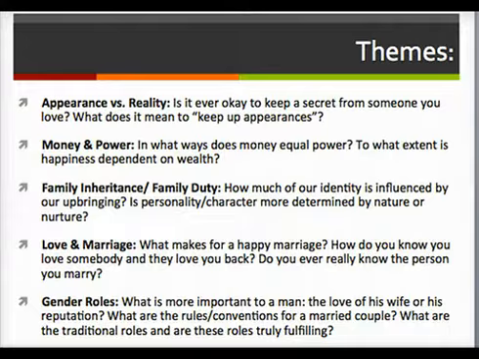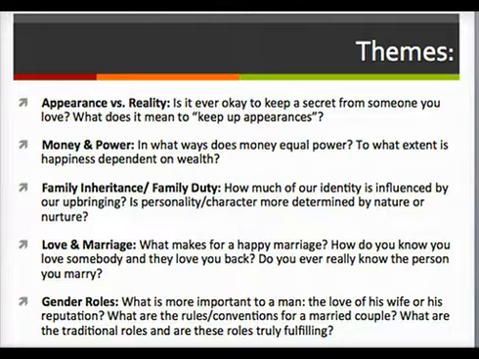And then lastly, gender roles as a theme. You can think about some of the bigger questions of, what is important to a man, the love of his wife or his reputation? So there'll be questions of whether Helmer's reputation, his masculinity, his power are being subverted or challenged by his wife.